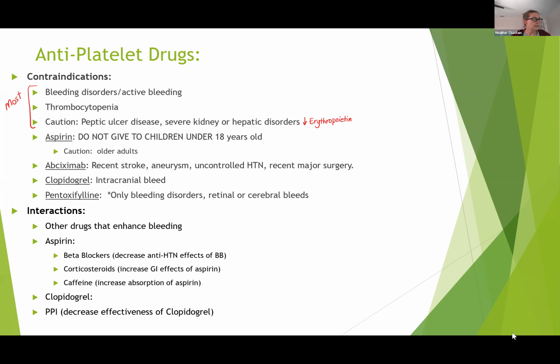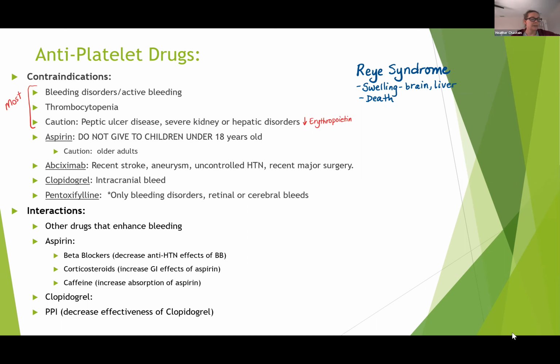Aspirin, you do not want to give to children under 18 years old because of their risk of Reye syndrome. Reye syndrome is swelling in the brain and liver, and can cause death. It commonly affects children recovering from a virus. It was thought to be only chickenpox, but chickenpox was a common thing back when this was found.